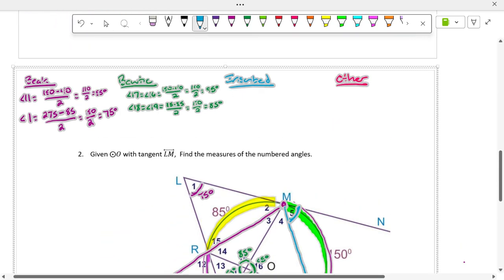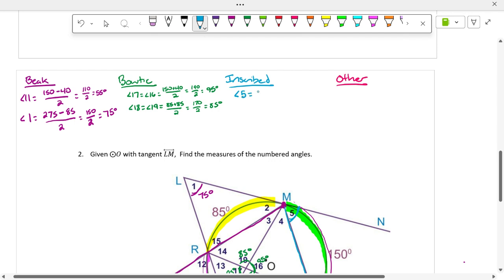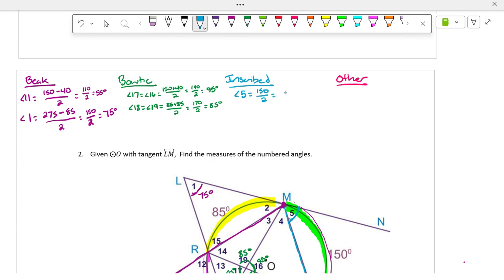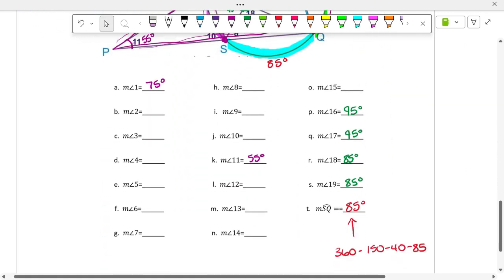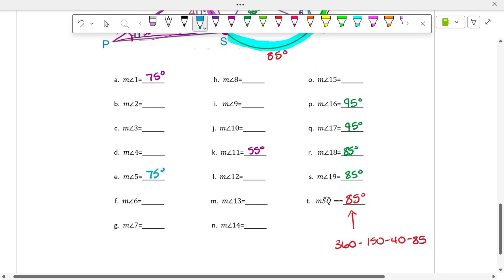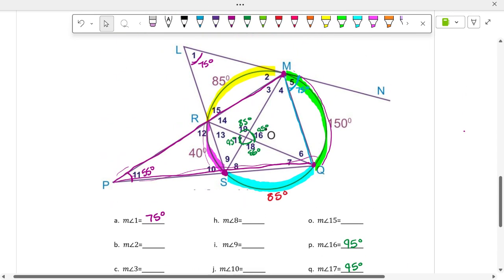So how do I find it? 150, and then I do what? Over 2. Now give me what? Good. So 5 is 75 degrees. All right. What's another inscribed angle?